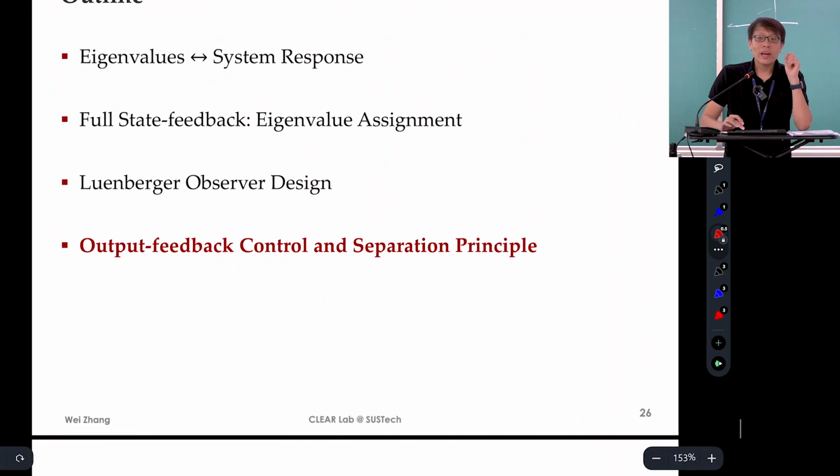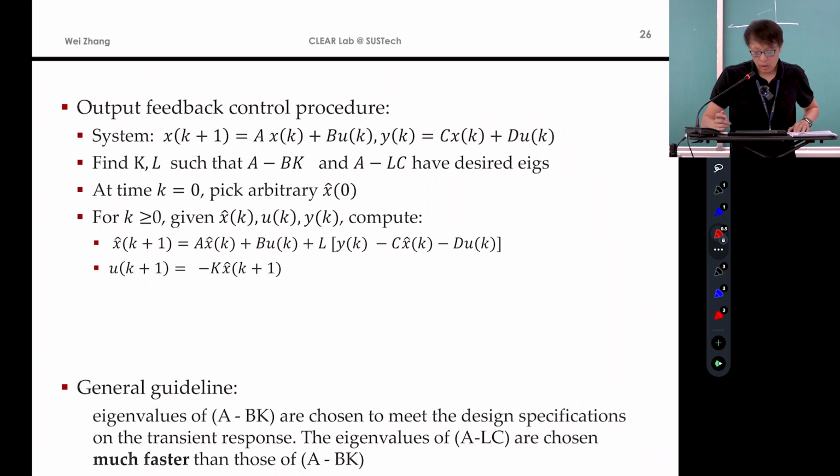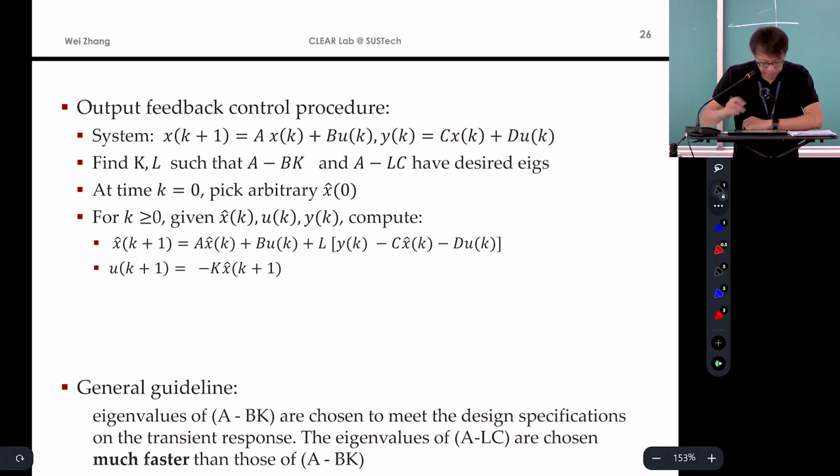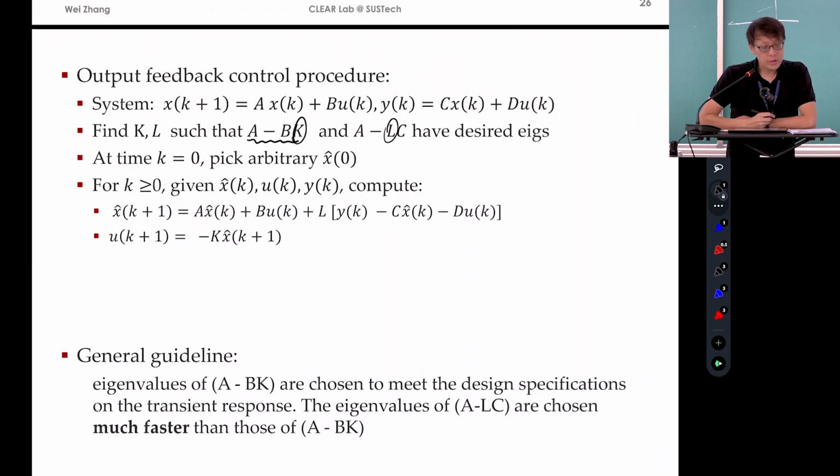All right, now we have the observer. We have already learned how to do the rest. The whole procedure is the following: you design your feedback control placement K, and you design your L so that your observer also converges.